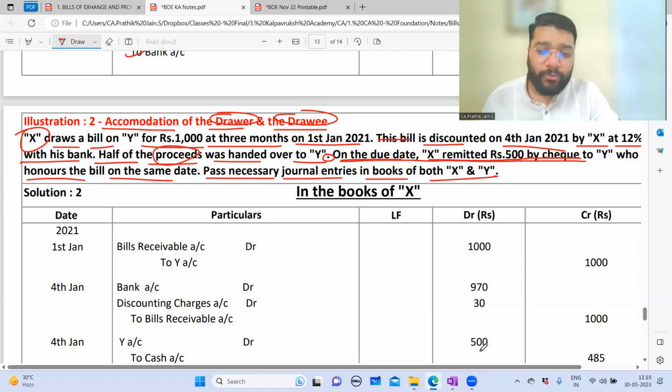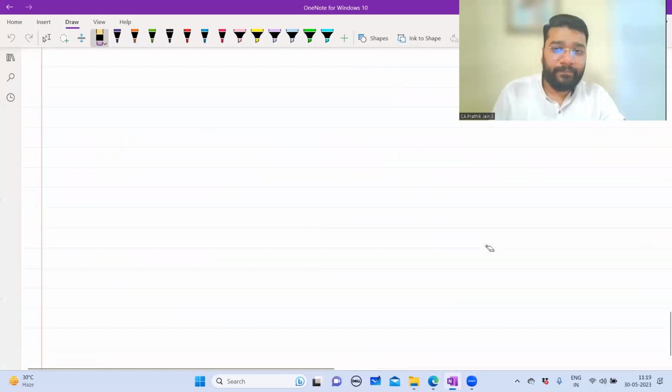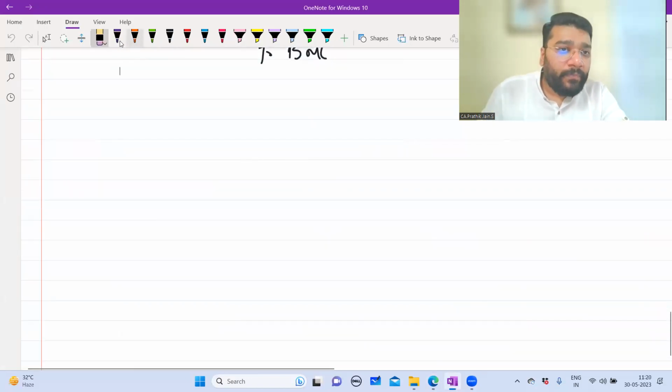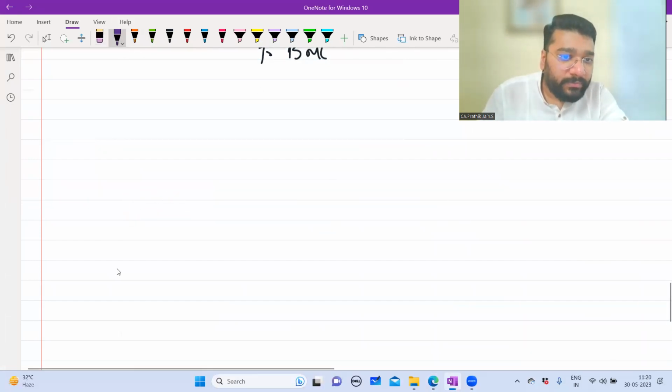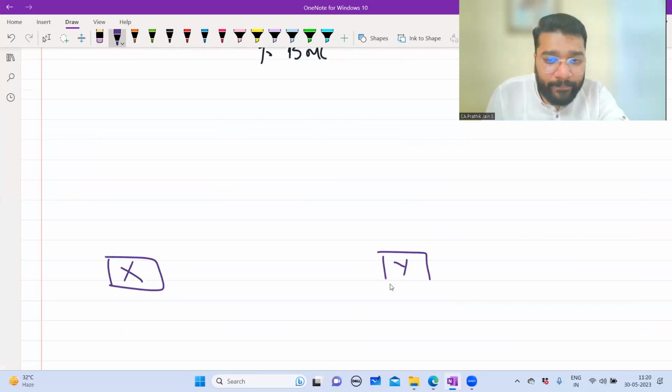So let's do the diagram to understand. This is X. This is Y. X is drawing a bill.